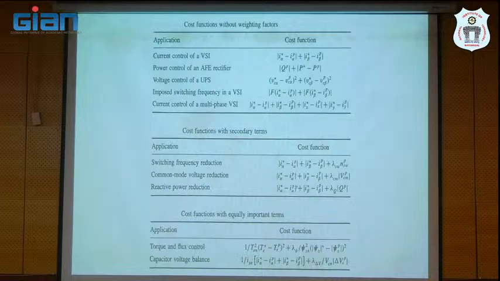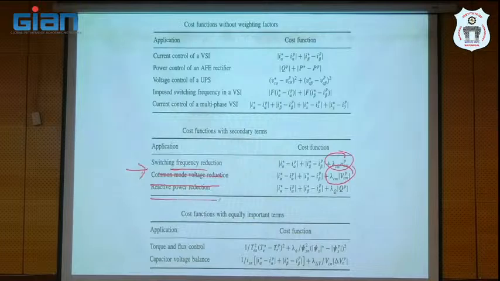See here, suppose your objective is not only to control the torque and flux, but further you want to minimize the switching frequency, you can add a switching frequency constraint. Otherwise, if you want to improve the common mode voltage further, you can add common mode voltage in the cost function.